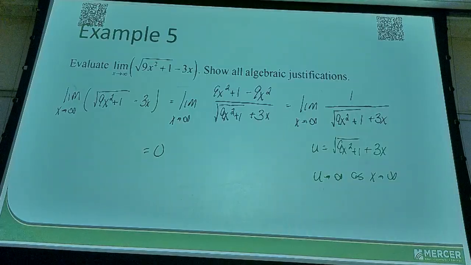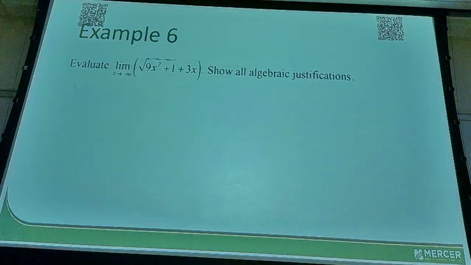I want to make a slight change. I want to make that goes to positive infinity instead of negative infinity. Because negative infinity is going to be the same argument, and it's boring. If we instead go to positive infinity, that square root is increasing. We already saw that, right? That 3x is increasing. That limit's infinite.